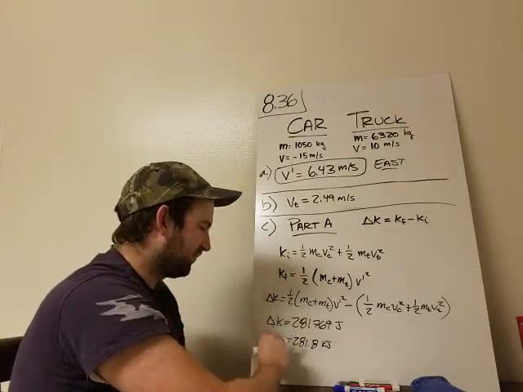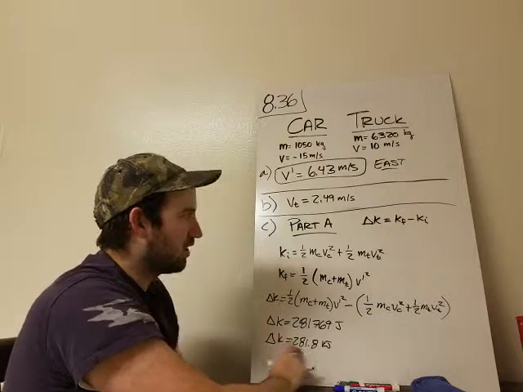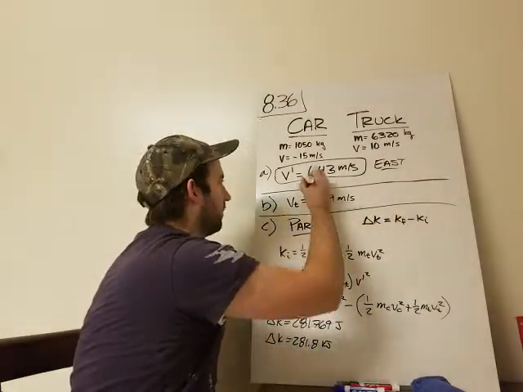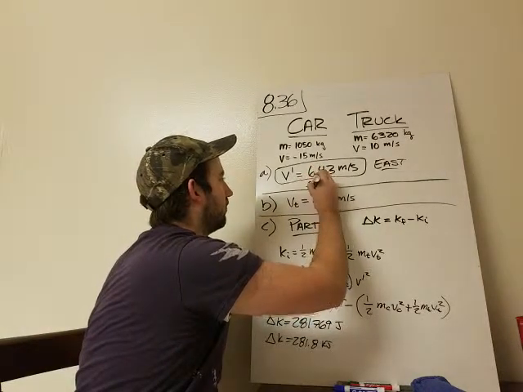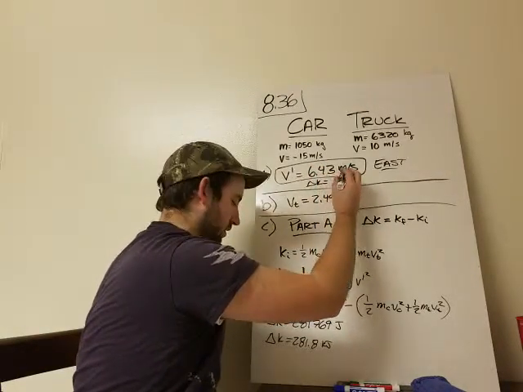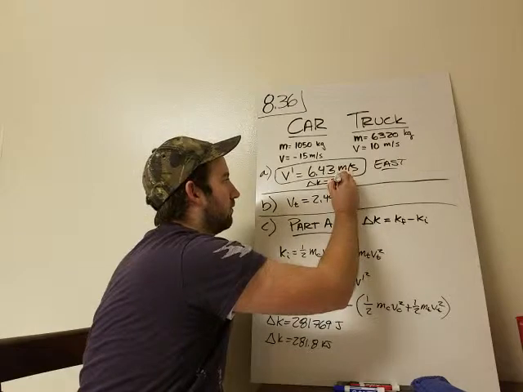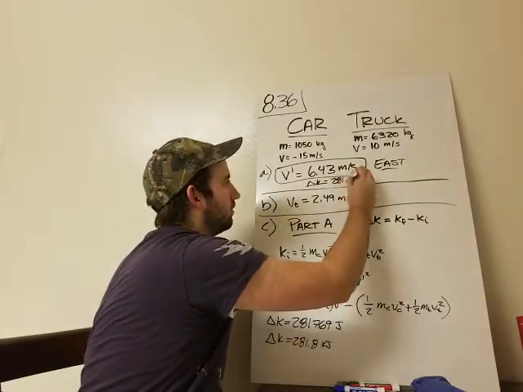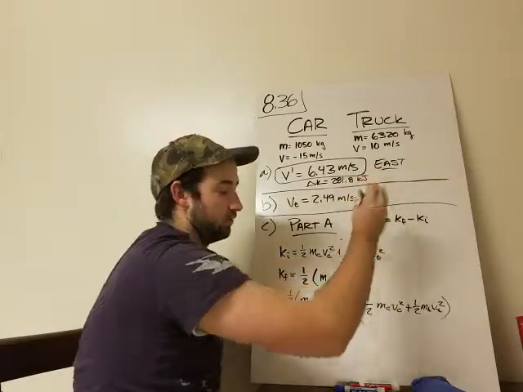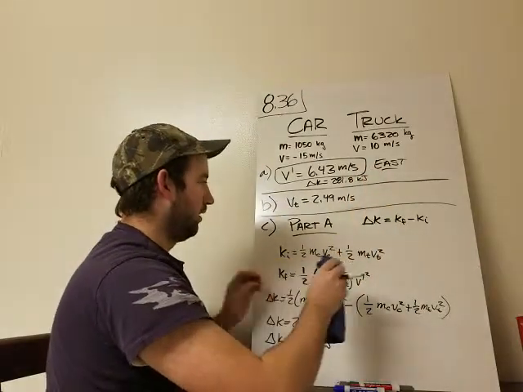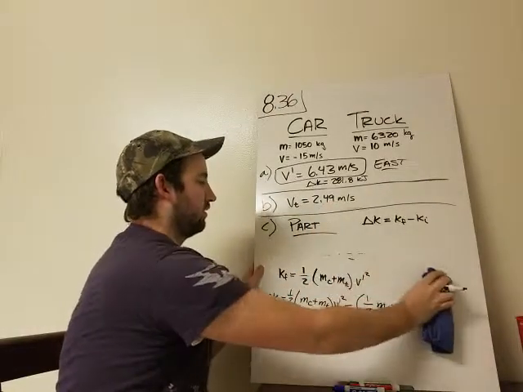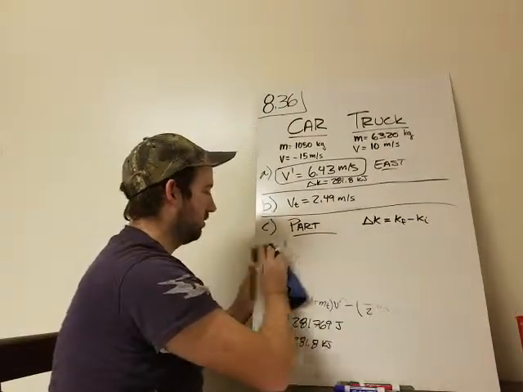So that's the change in kinetic energy from part A. So I'll just write it up here to get it out of the way. So delta K equals 281.8 kilojoules. So that's it for part A. Now we need to do part B.